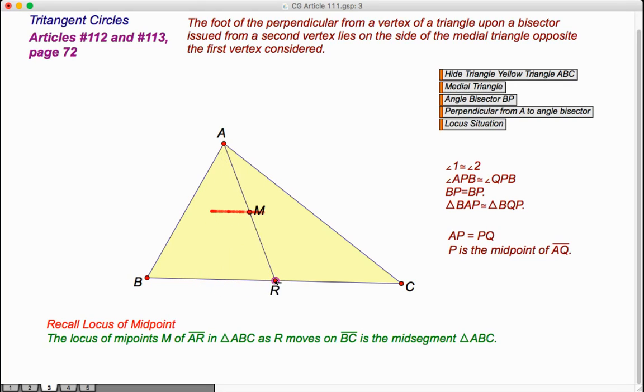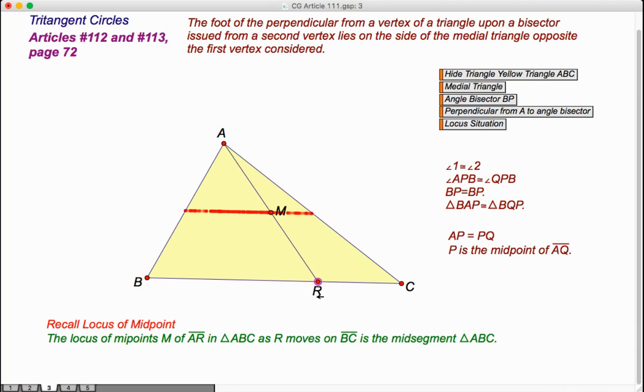See that? So AR is any segment in the triangle where R is on base BC, and M is the midpoint of this segment. So the locus of M as R moves is actually the mid segment of the triangle.